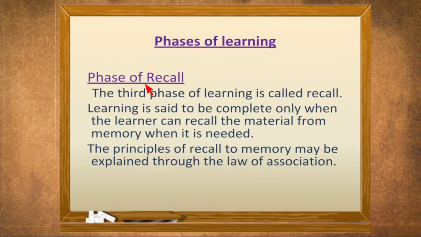Next, phase of recall. The 3rd phase of learning is called recall. Learning is said to be complete only when the learner can recall the material from memory when it is needed. The principles of recall to memory may be explained through the law of association.